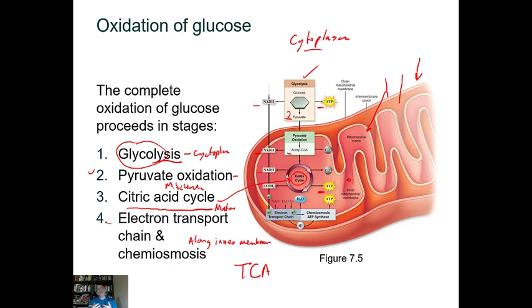It includes the carriers within the membrane, but it also includes the matrix space and the inner membrane space on either side. So this involves 2 processes. One is called the electron transport system or chain, where the electrons are delivered, and then a process called chemiosmosis.